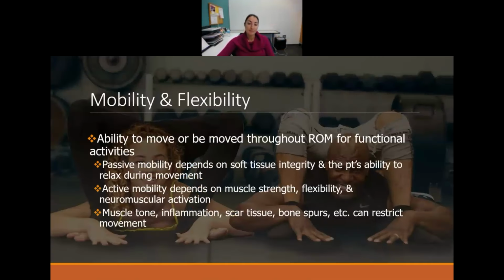Mobility and flexibility. Now, one thing I do want to keep in mind is typically when we write goals in PT, we talk about increasing elasticity or decreasing tone. We cannot have a goal specific to flexibility because that's more of a wellness type thing. If you just want somebody to get more flexible and be able to do the splits, that's not a goal a PT is going to work on.